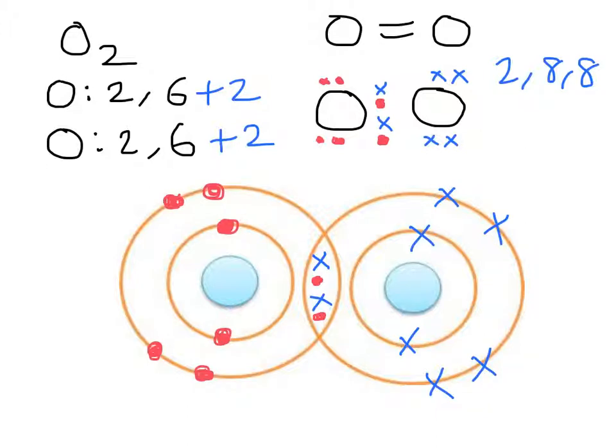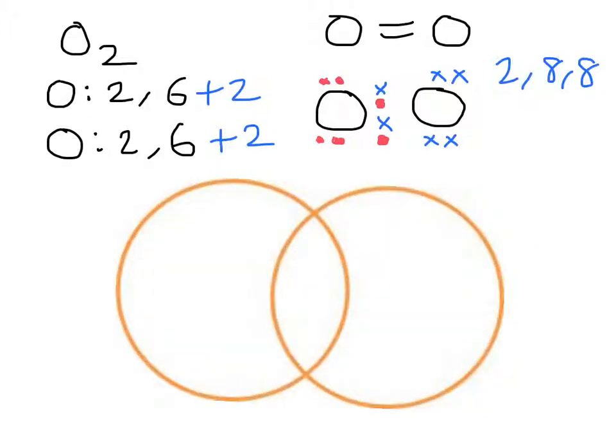Now we can also represent the same thing with just showing the outer shell. Let's see how that is. So each of these circles represents one oxygen atom, and I'm going to show the outer shell only. I'm putting the shared pairs of electrons, 2 electrons from each oxygen atom.